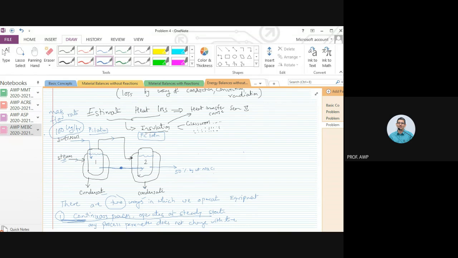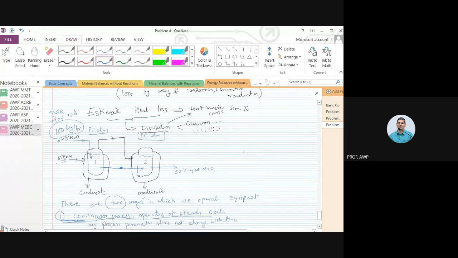That's why we specify the volumetric flow rate or mass flow rate of the stream as 100 kg per hour, meaning the whole stream coming in is flowing at a rate of 100 kg per hour. So if I take a 1 hour slot, if I take a sample for 1 hour, that sample will weigh 100 kgs. That's why we are writing all the flow rates in terms of per unit time.